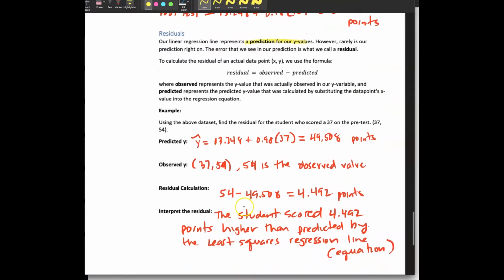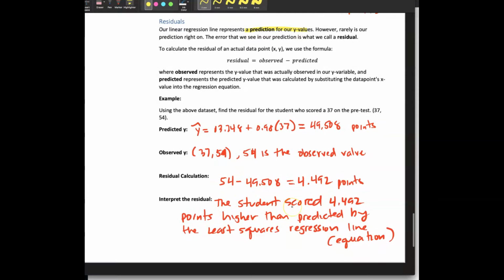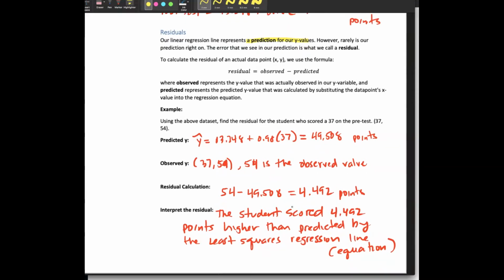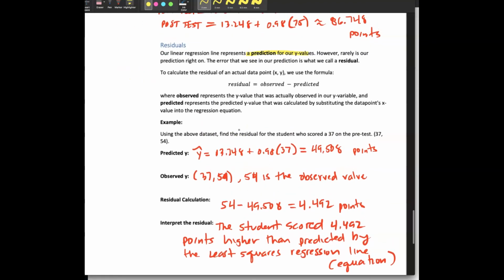So we would then, in our calculation, subtract the observed minus the predicted, and then come up with the interpretation, which is the student scored 4.492 points higher than predicted by the least squares regression line or equation. We start to use that. So again, this is an introduction to lesson 14.2. You got some more guidance in the homework, and then of course the practice with the homework problems.